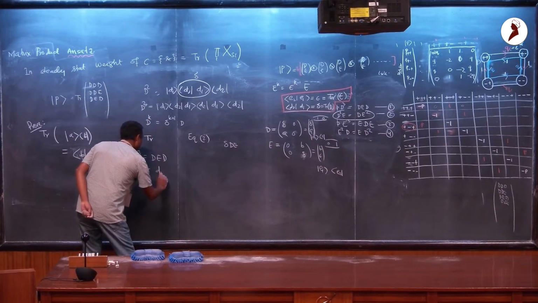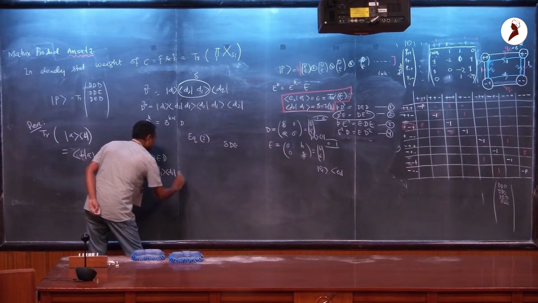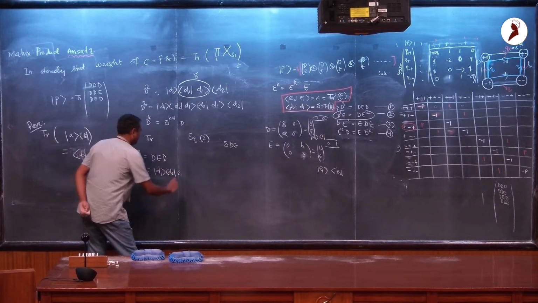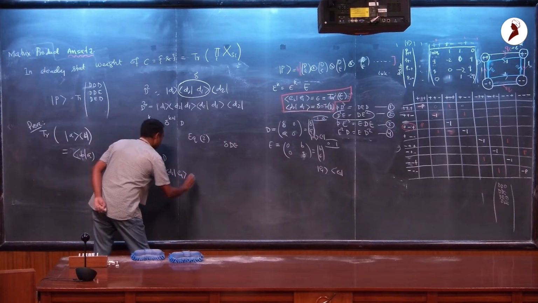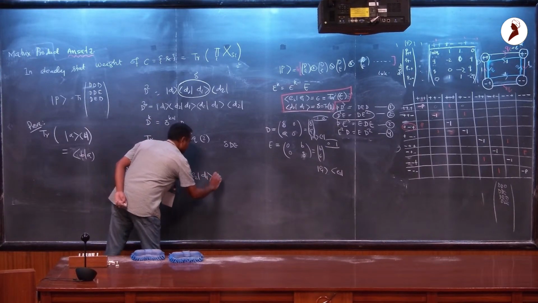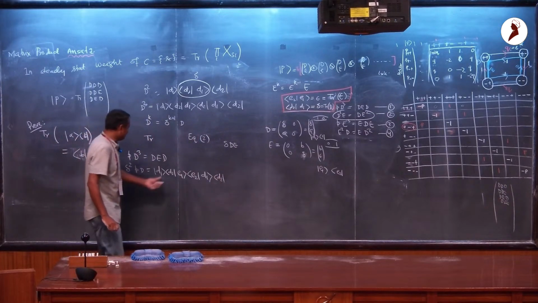Let us write it D1, D2, E is E1, E2, and D1, D2. Can you calculate for me D2, E1?